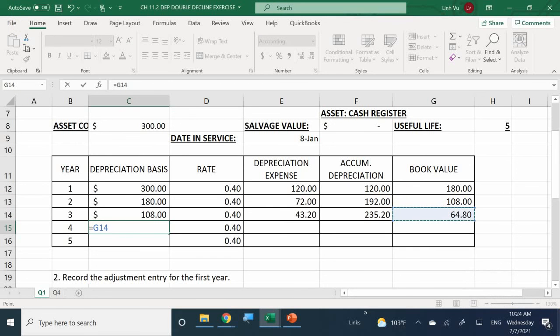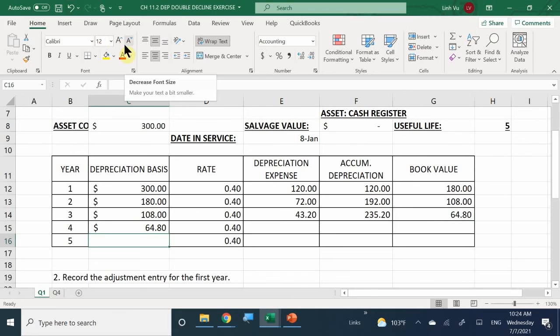So then year 4, the depreciation basis is going to be the $64.80. What's 40% of $64.80? Or in this case, what's the depreciation expense for year 4? Did everybody get 25.92?